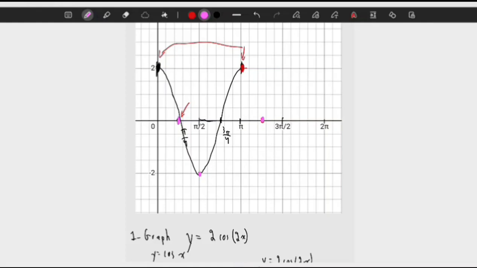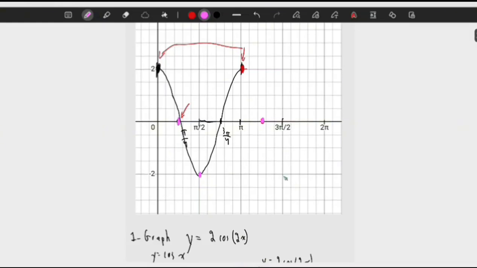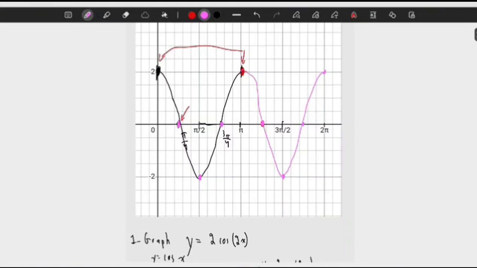That means this point here, pi over 2, is going to be a pi away from the next point, which is going to be down here. Then this point is going to be a pi away, so it's going to be 1, 2.5, back up, and then 1, 2, 3, and then back up here. And then you can graph your second cycle.